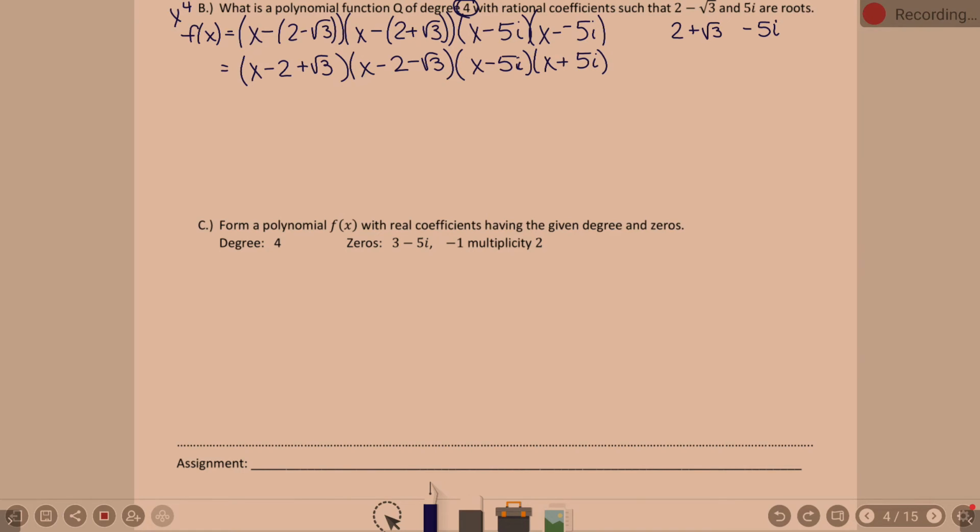Now, I have some important tips for you here. When we go to multiply these out, there's going to be a lot of terms. But it is hugely important that you multiply the conjugates with each other. So the two parentheses that have the square root of 3 multiply those together, simplify, clean that up. Over here, multiply your two 5i parentheses together, simplify, clean those up.